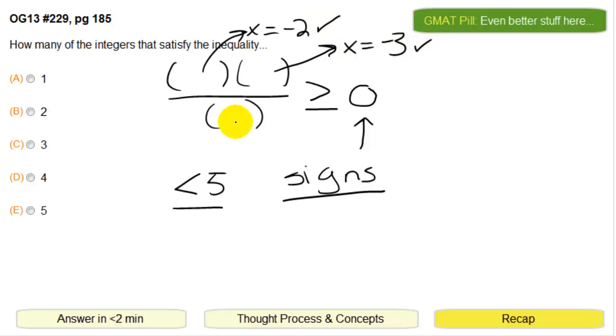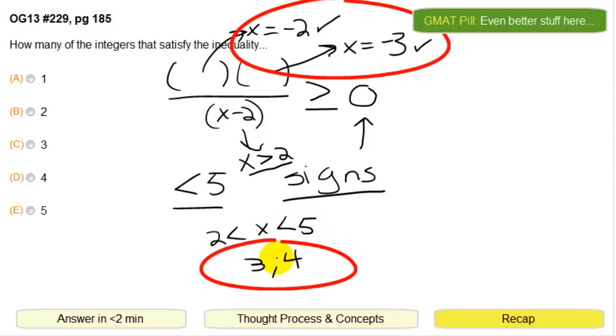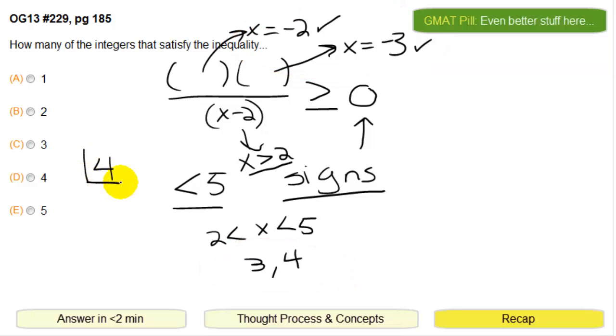And then the bottom part was basically x minus 2, so that helped us find that when x is greater than 2, that's okay. So combining this requirement with this requirement, you have x between 2 and 5, and it turns out only 2 integers work, 3 and 4. So 2 integers from here plus these 2 integers gets you 4 as your final answer.